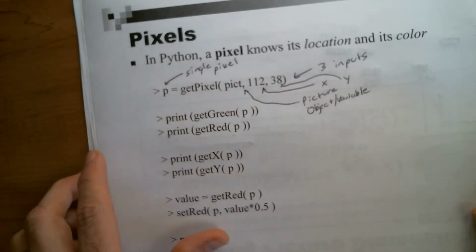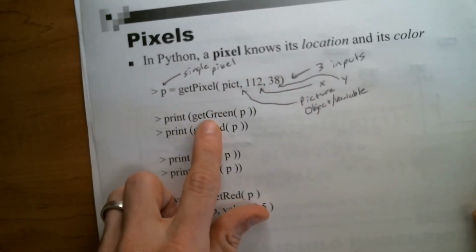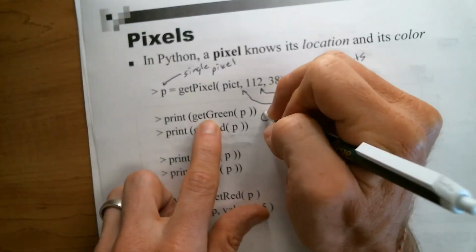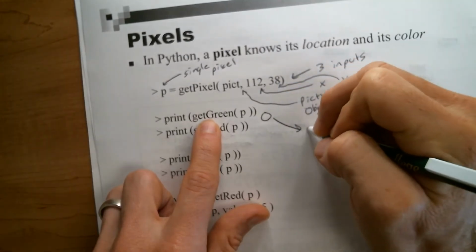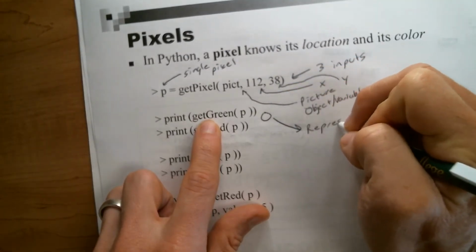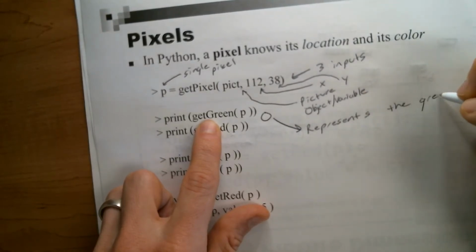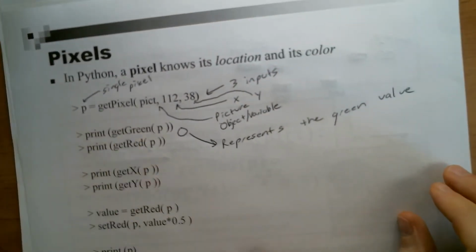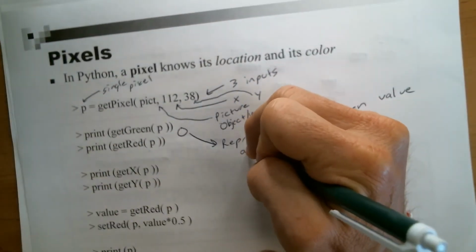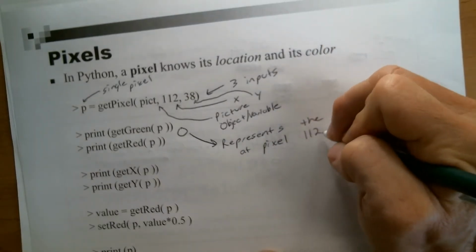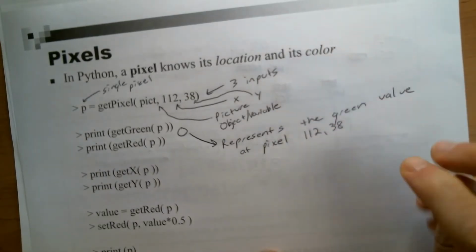So this right here, get green, you should end up with, I believe, a 0 here, but this represents the green value at pixel 112, 38.